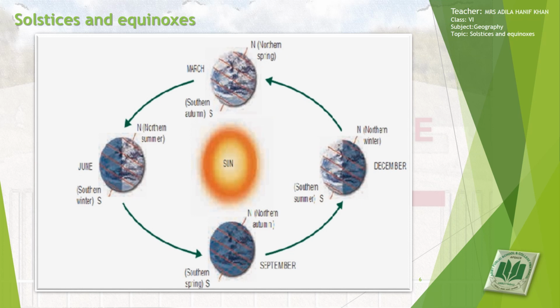And solstice refers to a day with either the longest day, that is June 21st, also called summer solstice, or shortest day, that is December 21st, also referred to as winter solstice.